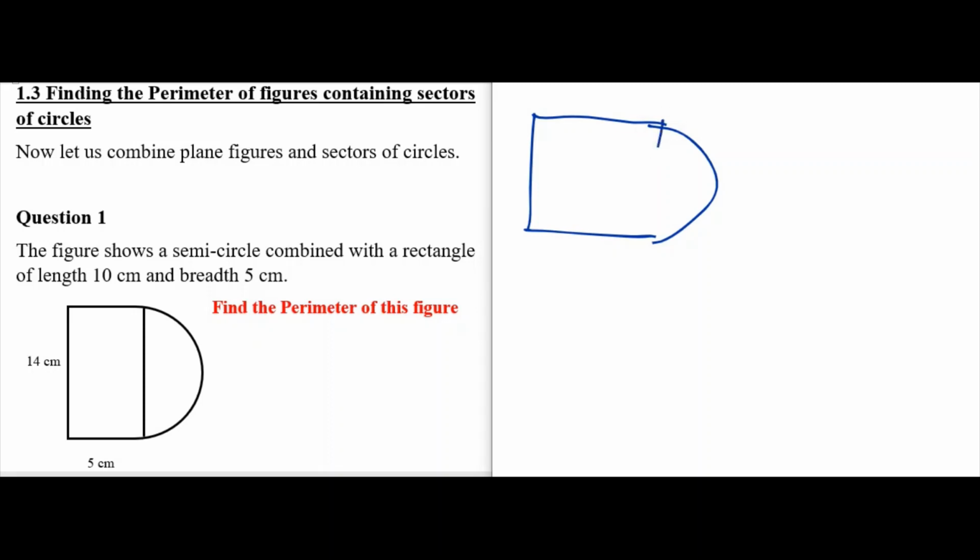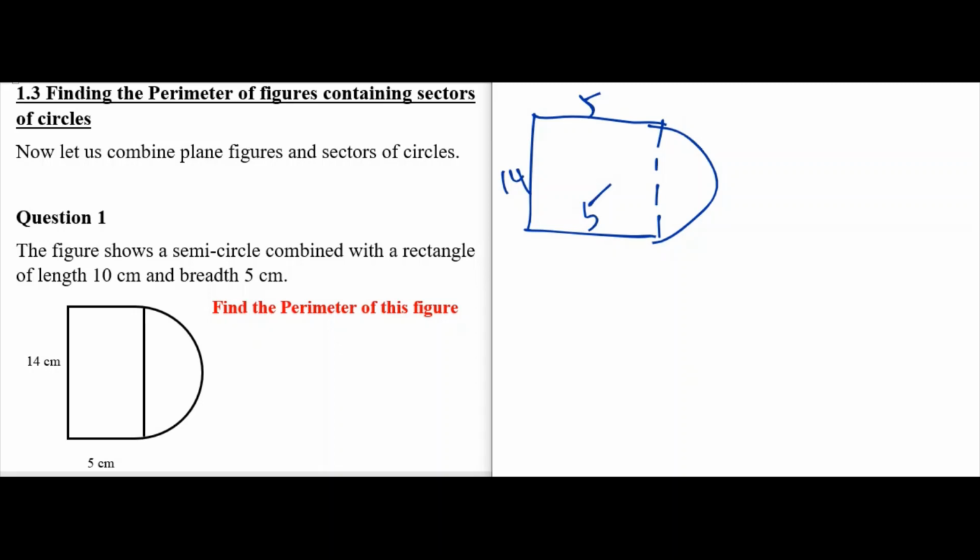So I'm just going to draw it with a few lines, because I don't want you to think that it is a part of the perimeter, because it is clearly not. Okay, so we have a semicircle, we have a part of a rectangle. First of all, we'll just name this. So we have 5 over here, then we have a 14 over here, we have a 5 over here.